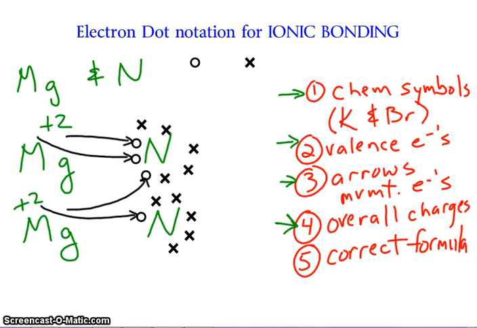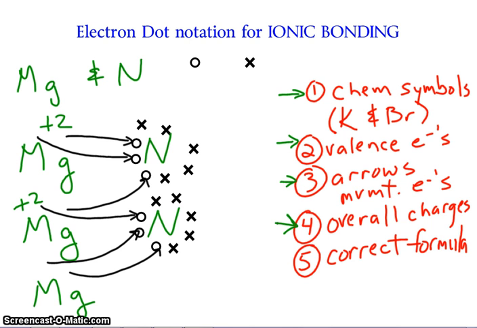It has a +2 charge. It lost its 2 valence electrons. But our nitrogen's short, so we need another magnesium with another 2 electrons. And now this third magnesium can give up those 2 electrons to satisfy this nitrogen.